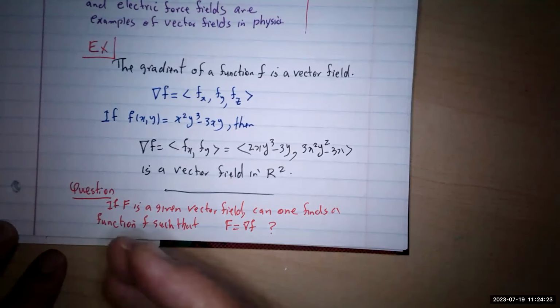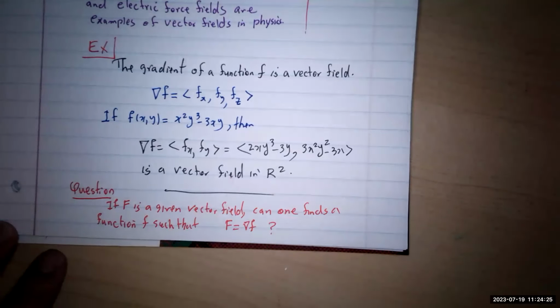To answer this is mathematics. If you want to answer this question, you assume that this is true, then you see what condition you need to get this. And that condition, you come back and you say, oh, if your function has this condition, then it's going to be true, okay?